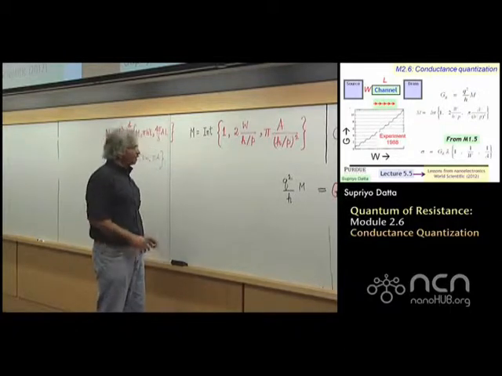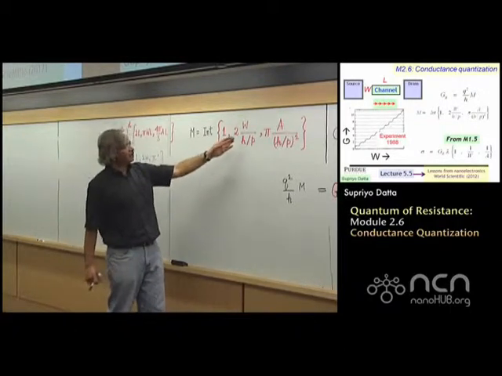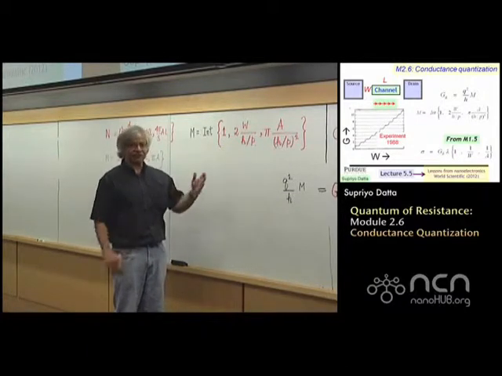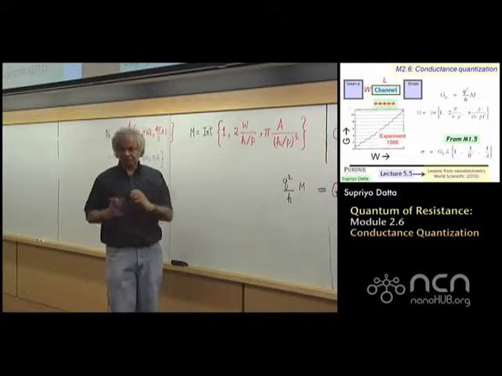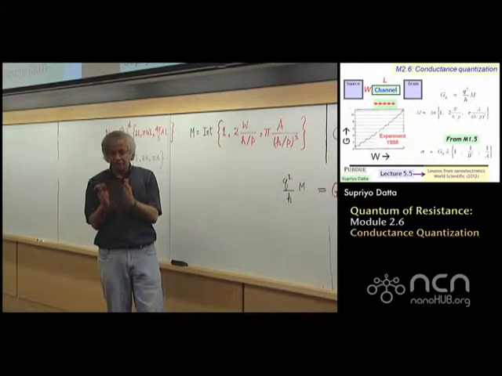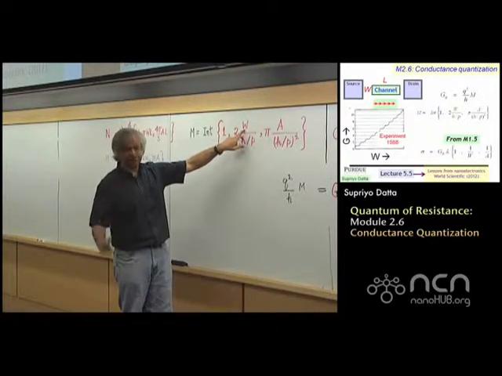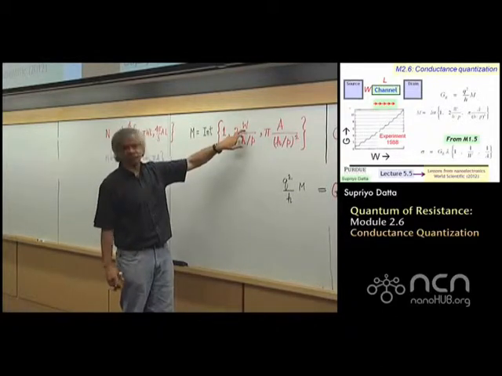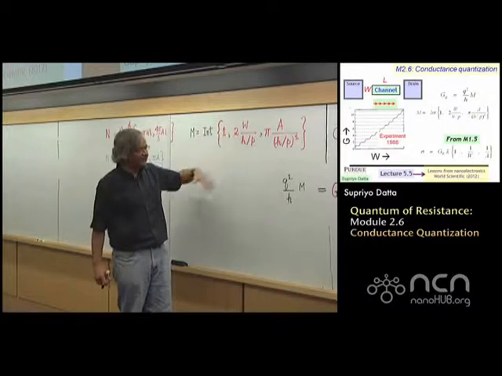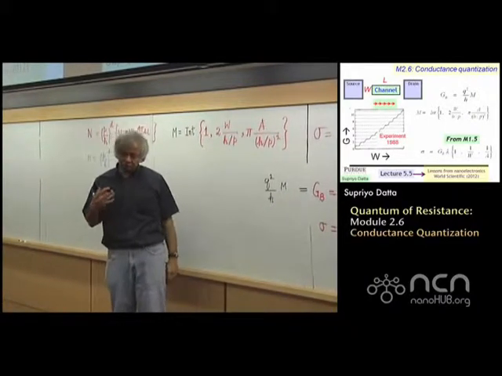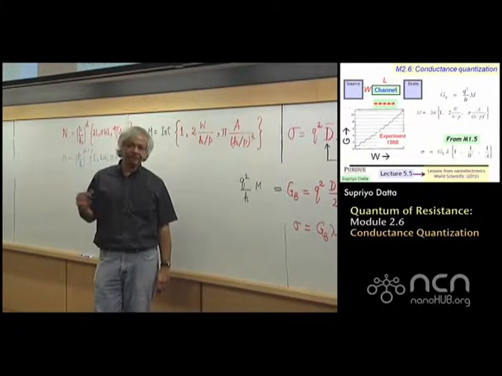And then I argued that these things in two dimensions and three dimensions, you'd think, would change continuously. That if I made the conductor wider and wider, this number should increase continuously, proportional to the width. And in that case, you would expect that the ballistic conductance should also be proportional to the width.